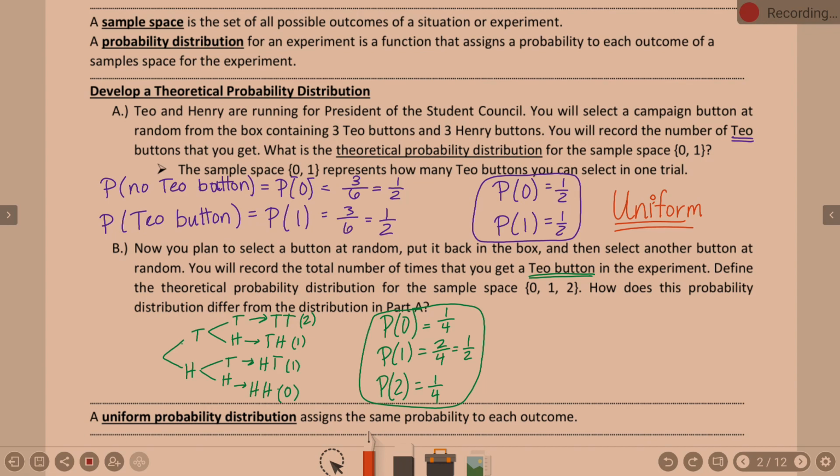Whereas part B is not uniform. Not all the options were evenly distributed. And keep in mind, folks, all these probabilities, I don't know if you're noticing, they add to 1. They're all going to total 1.